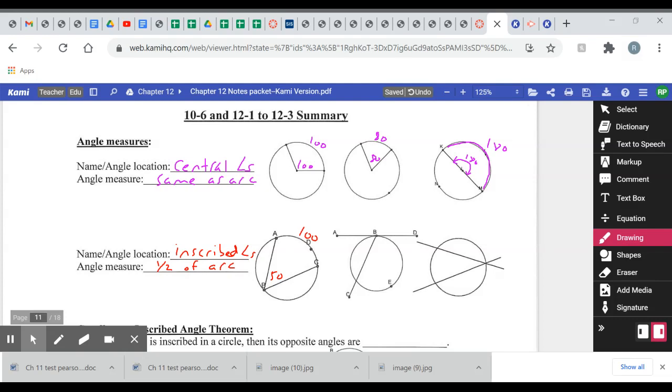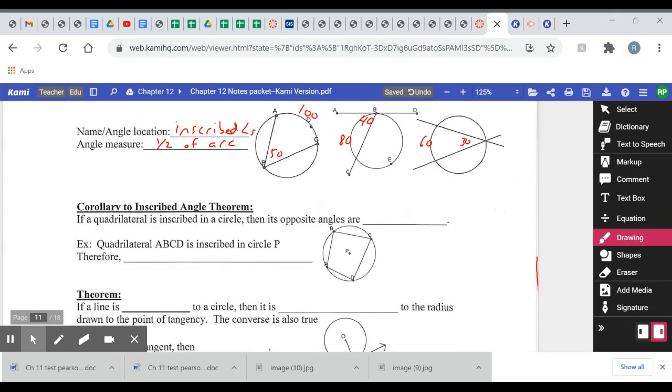If I know that this inscribed angle is 40, then I know that the arc it intercepts is 80. Or if this arc was 60, then this inscribed angle is half that, which is 30. So that's the relationship there.